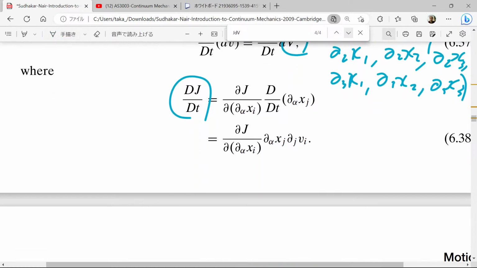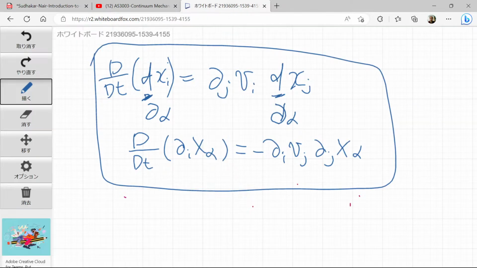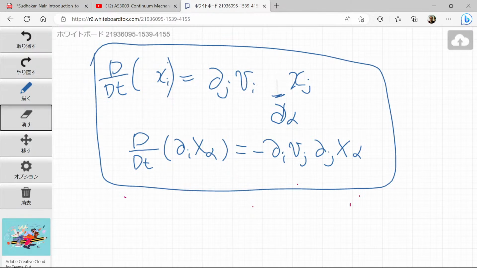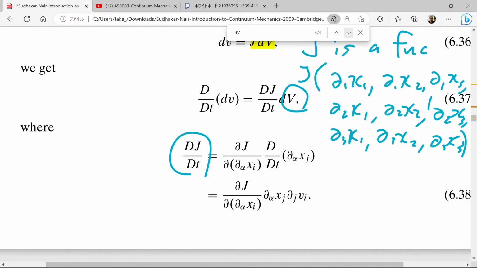So I think this is okay. Then here we use the same equation like this. Here we put partial alpha back, partial alpha, right? So alpha i is alpha j, now it's j. For some reason this became j here. Isn't this strange?